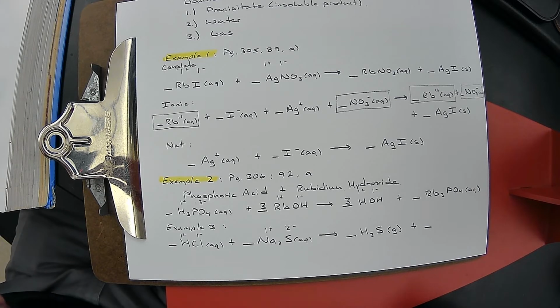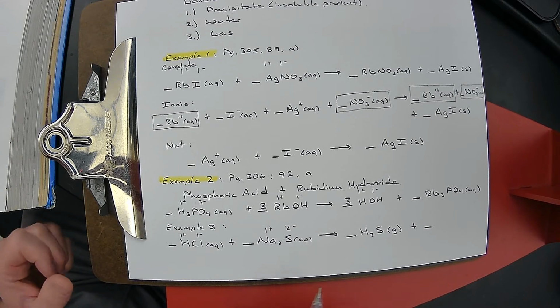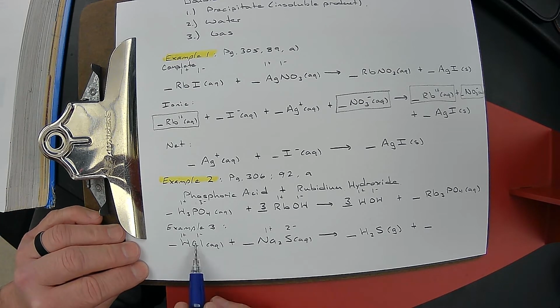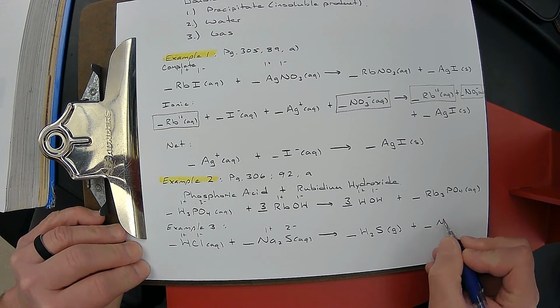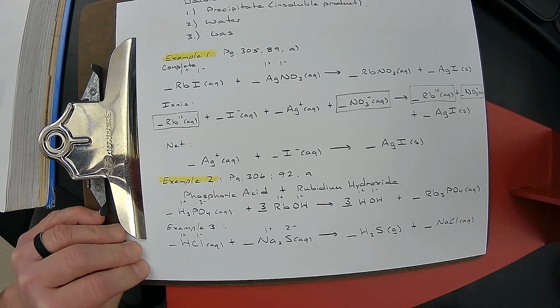There were 3 gases that we were looking for. One is carbon dioxide, one is hydrogen cyanide and one is hydrogen sulfide. And we analyzed those in that previous video. Our other substance is a 1 plus and a 1 minus, NaCl, that will remain in an aqueous solution.